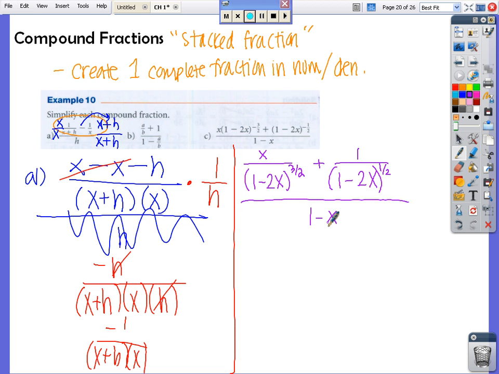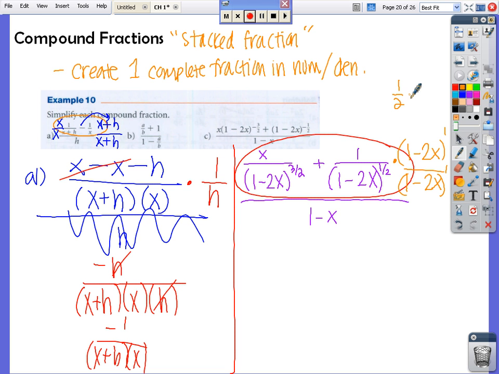So if you look at the numerator, which would be this part, I'm going to try to get a common denominator. I just need to multiply this one by 1 minus 2x to the 1 power, which is the same as 2 over 2.